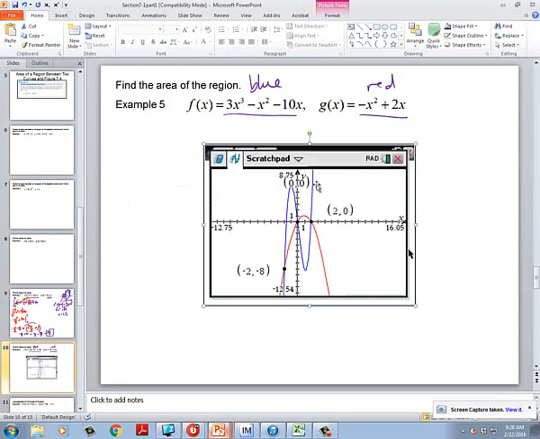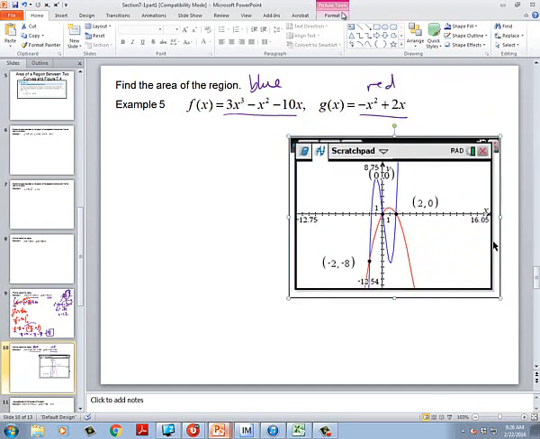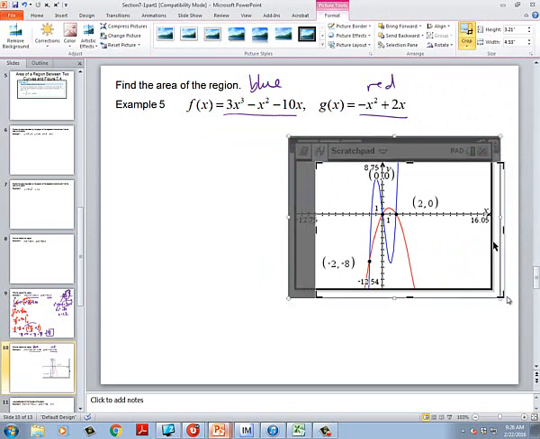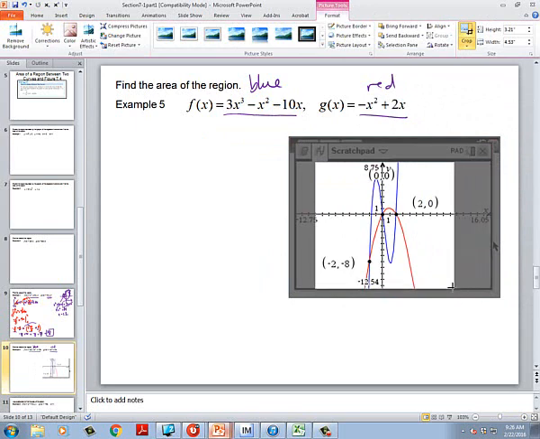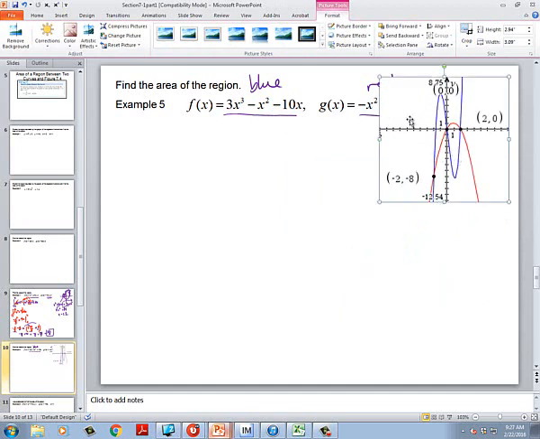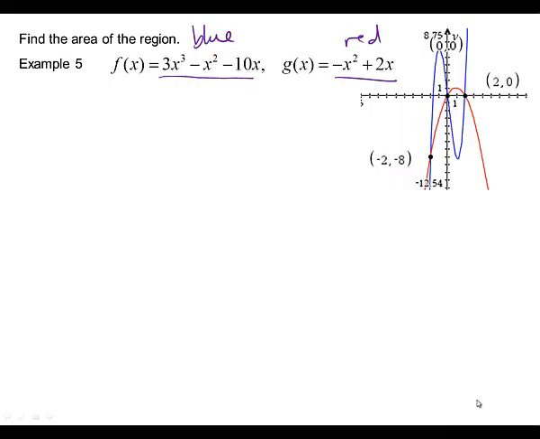We don't need to do everything by hand. Okay, make sure you've sketched the picture into your notes.